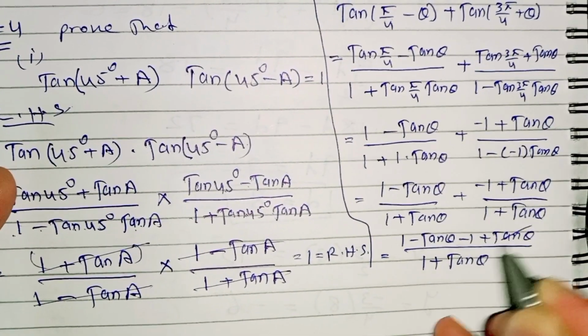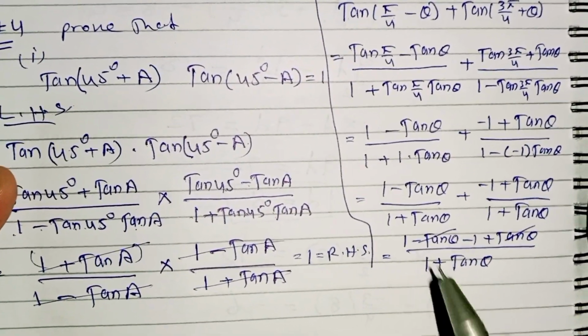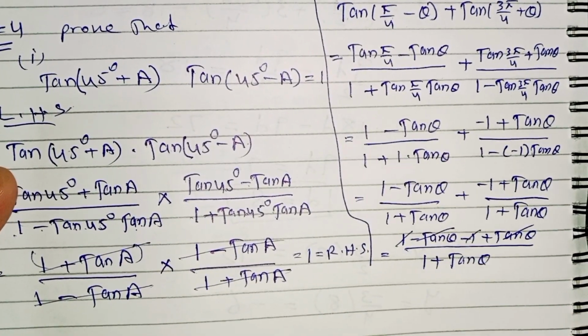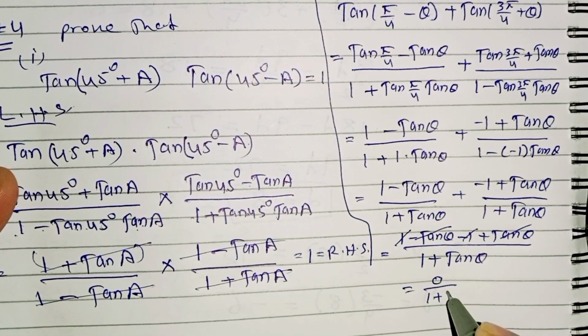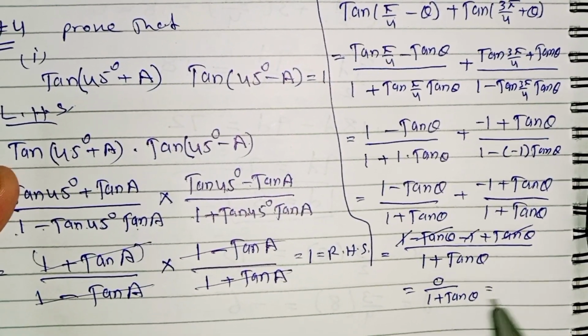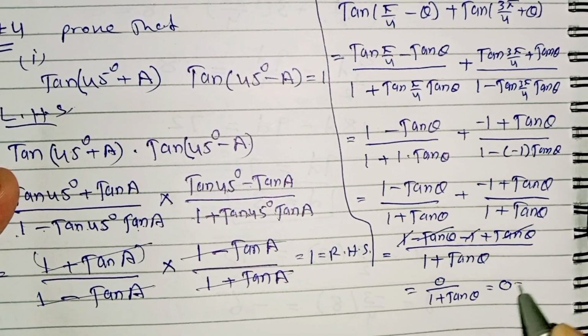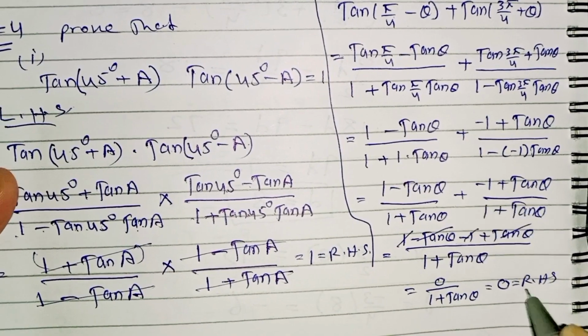We can see that tan theta and minus tan theta cancel each other and 1 is cancelled by minus 1. So we have 0 in the numerator and 1 plus tan theta in the denominator, and we know that 0 over something is equal to 0, as required on right hand side.